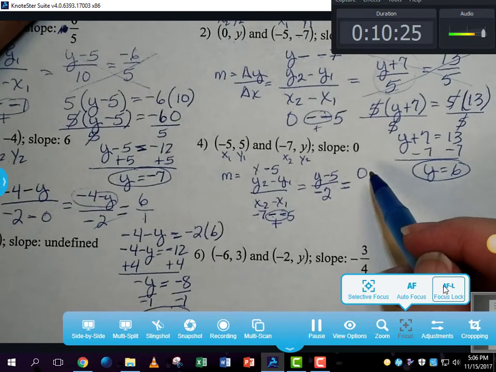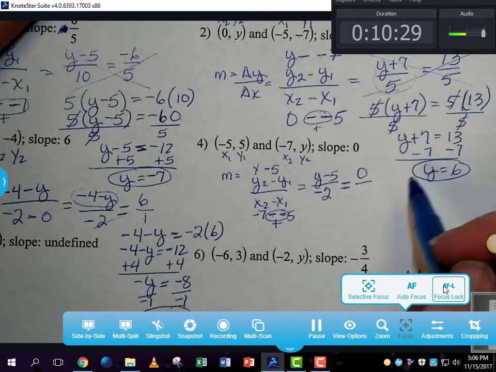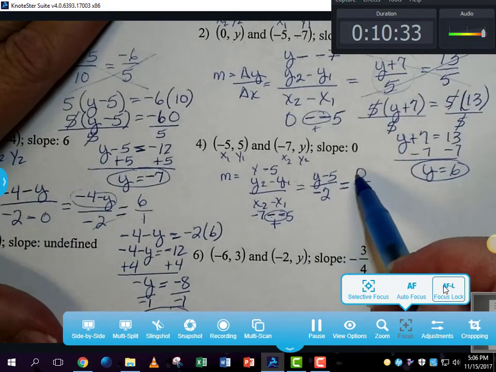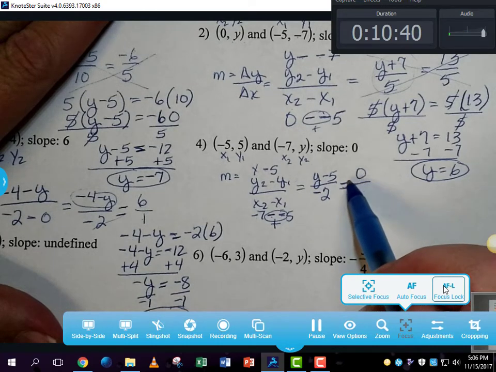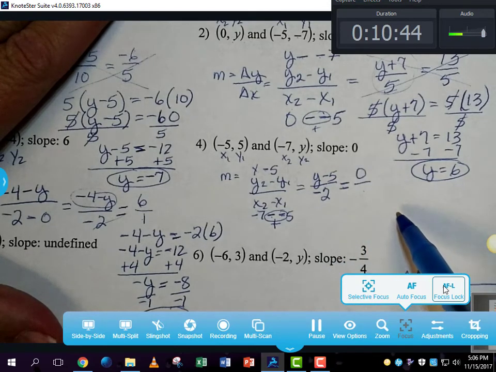Okay, I need to have this as a fraction. So I'm going to say 0 over... Now here's the thing. As long as I make the numerator 0, it doesn't matter what this number is. The numerator has to be 0 in order to have a slope of 0.